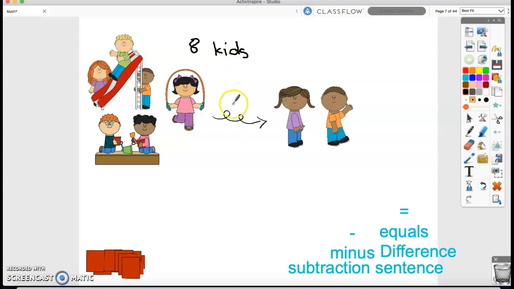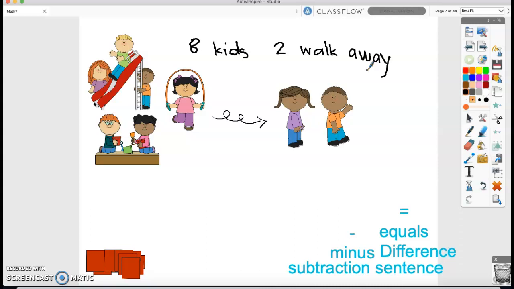Now I see that 2 are walking away. 2 walk away. So I want to know how many kids are still on the playground.